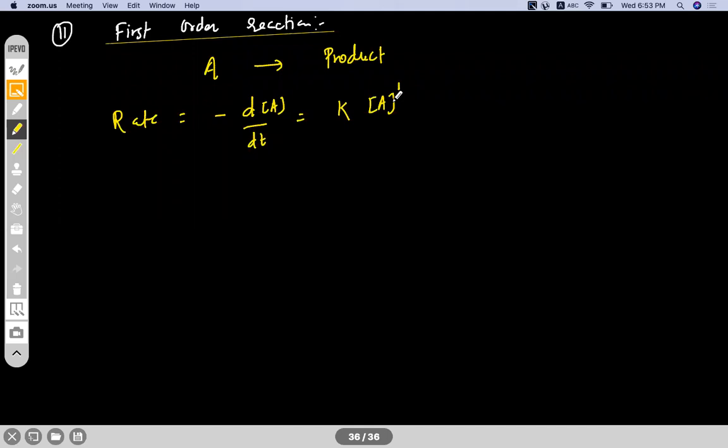Now when you solve this differential equation, you'll get the relation of concentration and time again. So that would be dA by concentration of A is equals to minus K dt.